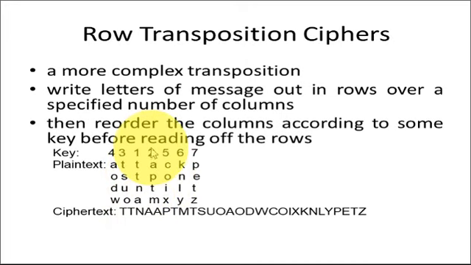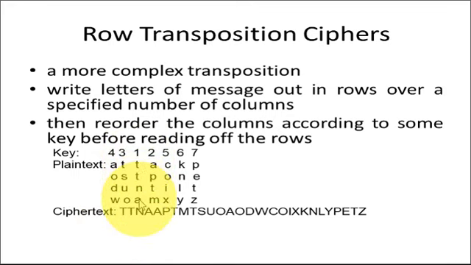Then for the ciphertext we choose the columns. Column 1 gives TTNA. Column 2 gives APTM. Then column 3 gives TSUO. Then AODW. So first we write it row by row, and to get the ciphertext we go column by column.